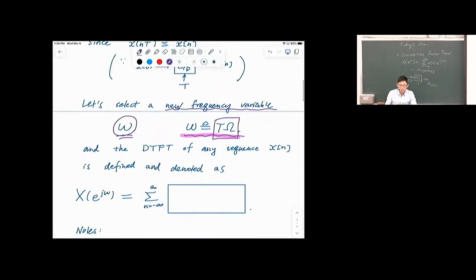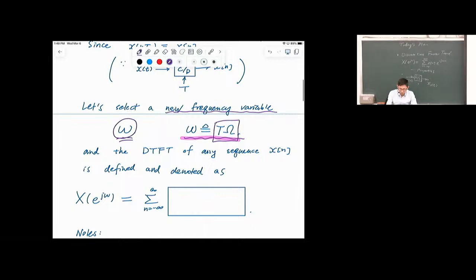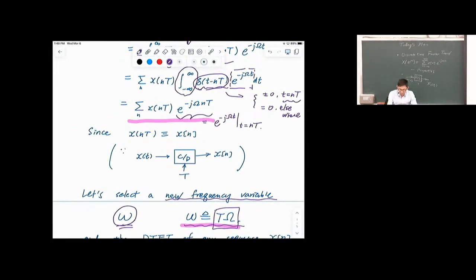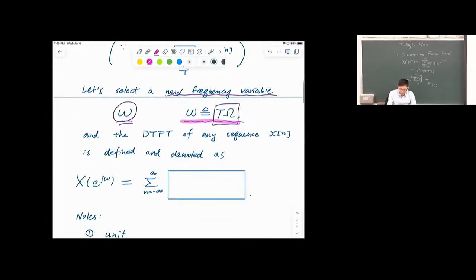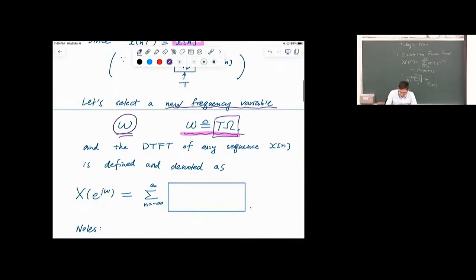Now we have a new definition of Fourier transform that tells us that for a sequence of numbers, denoted as x of n, which represents a sequence of delta impulses, for any result of sampling, we can define such a sequence of numbers representing a discrete time signal with constant sampling rate.